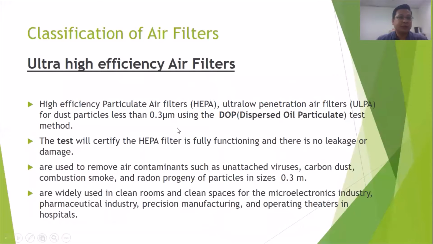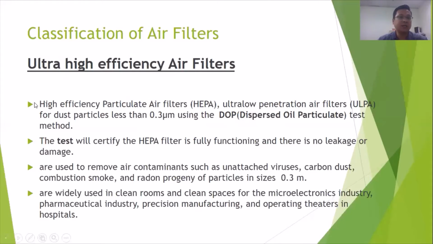Next is the classification of ultra high efficiency air filter, the high efficiency particulate air filter, which we call HEPA, with ultra low penetration for dust particles less than 0.3 micrometer, using the DOP or dispersed oil particle test method.